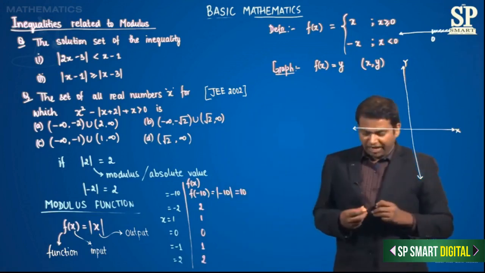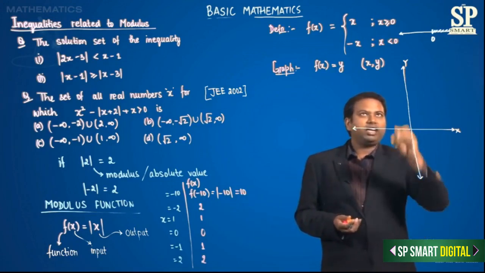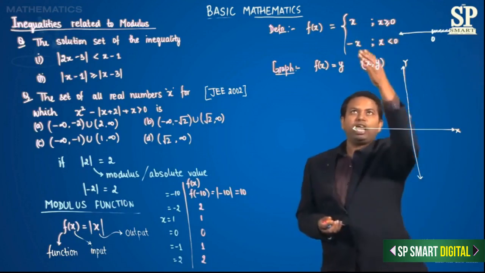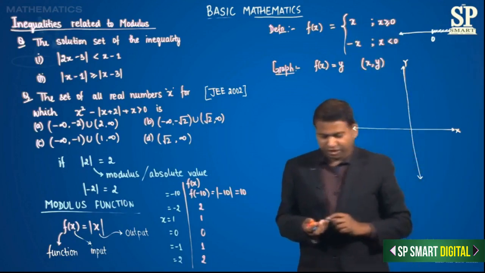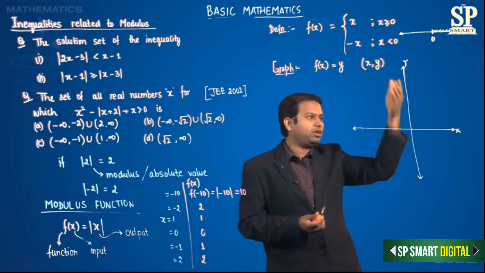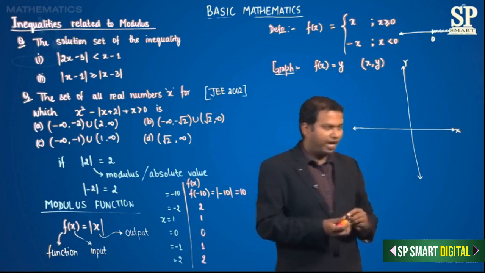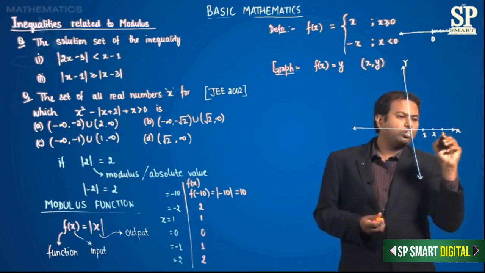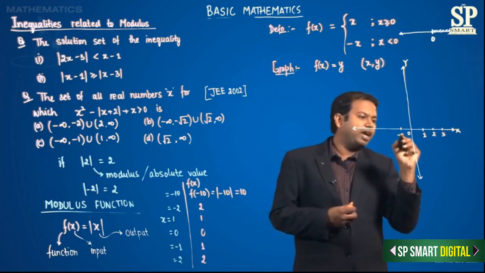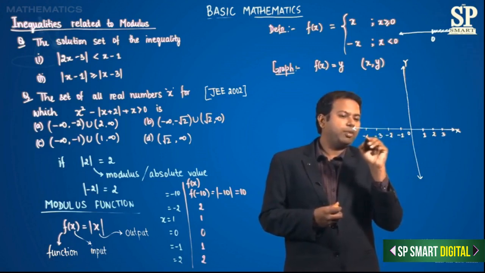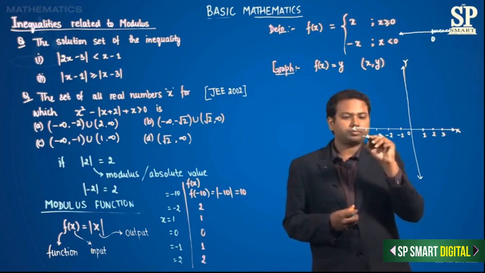So by now we have understood that f(x) is equal to x for x greater than or equal to 0, and minus x for x less than 0. So let me number these two axes, the x-axis and y-axis. Let us take here as 1, this is our 0, 2, 3, minus 1, minus 2, minus 3, minus 4 and so on.